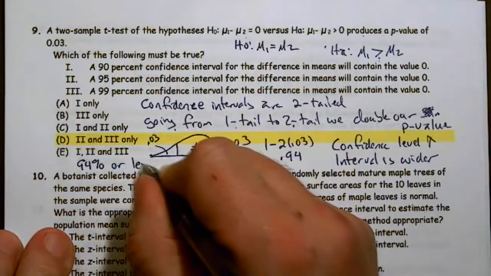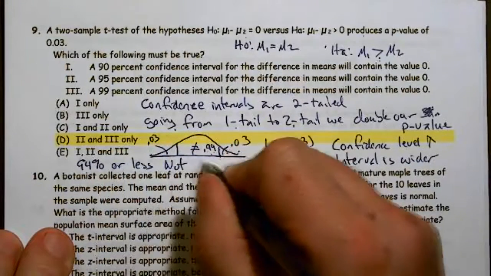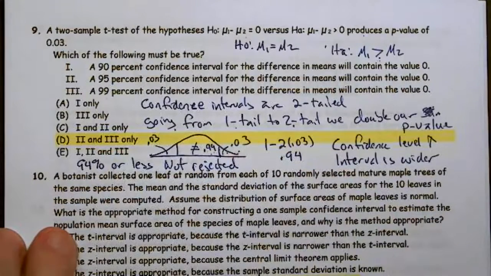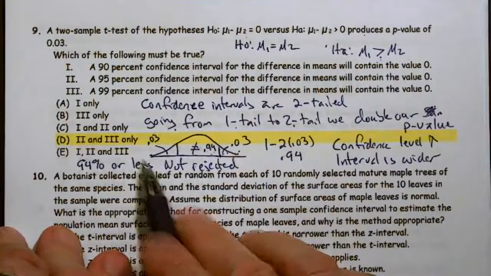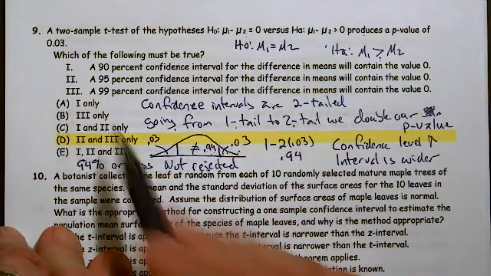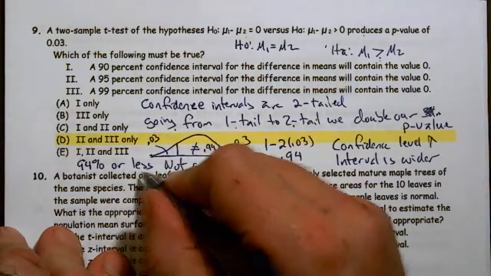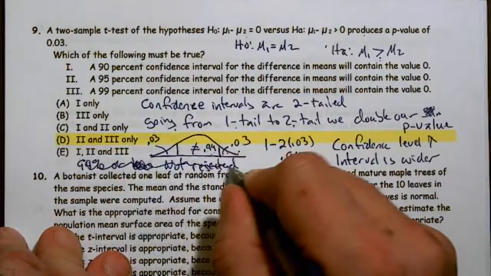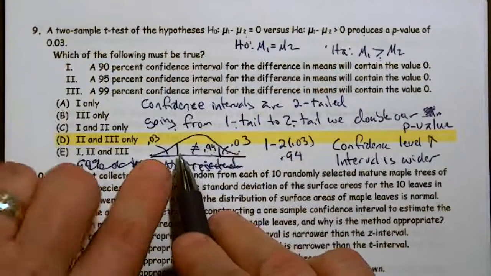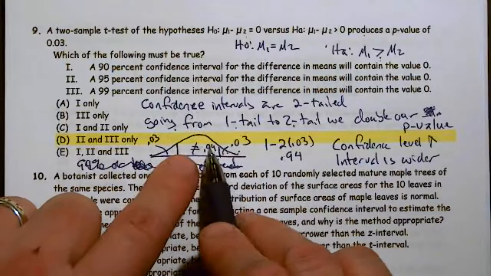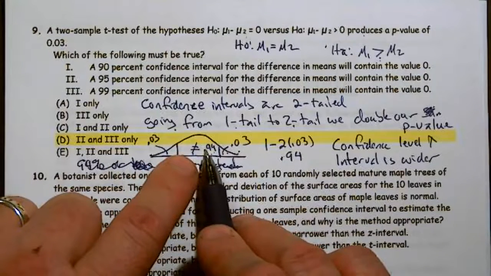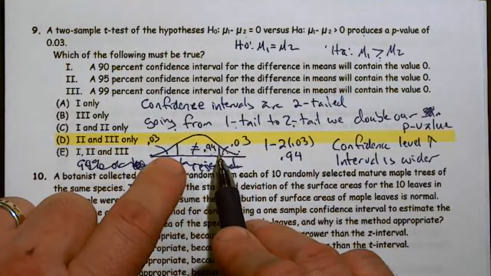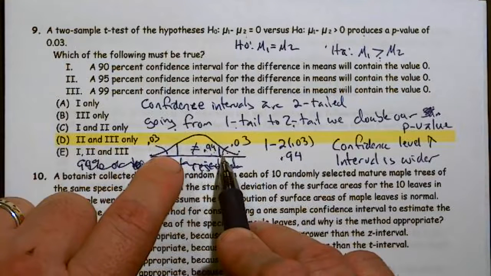I said that incorrectly, 94% or more. I'm not sure the best way to say this, so I apologize for stumbling, but at this point, anything wider is going to contain 0. So anything wider than 0.94 will contain 0.